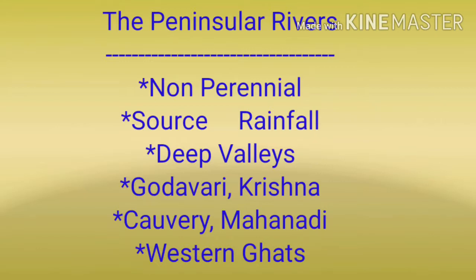Even large rivers like the Narmada have less water during the dry season. Students, do you know where most of the peninsular rivers originate? Where do they flow? Yes, most of the peninsular rivers originate from the Western Ghats and they flow into the Bay of Bengal. Let us discuss the Indus river system.